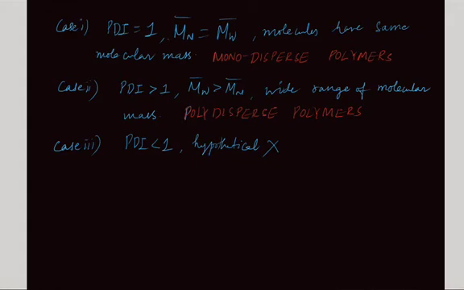The other important factor we need to remember is that Mn, the number average molar mass, is calculated experimentally using colligative properties like osmosis. So there could be simple multiple correct questions asked on how we calculate the number average molar mass.